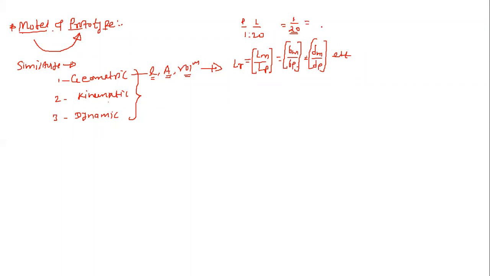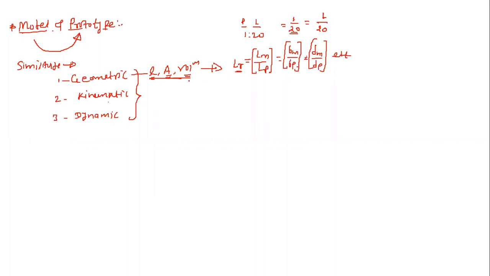Similarly for height, the same ratio 20:1, meaning for a 20 meter height we consider 1 meter height in the model. Then we can say this model has geometric similarity, and this scale ratio for the length is called the length scale ratio.